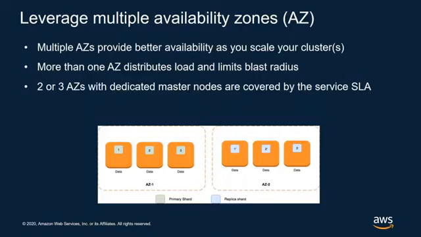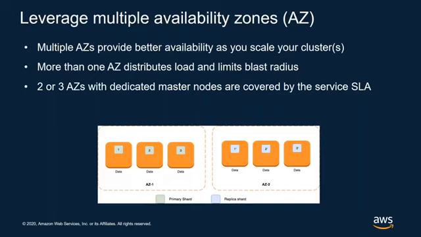Now, when it comes to scalability and availability, you can leverage multiple availability zones. And unlike any other cloud provider, AWS provides what are called AWS regions. Within AWS regions, we have availability zones, and availability zones are comprised of one-to-many data centers.